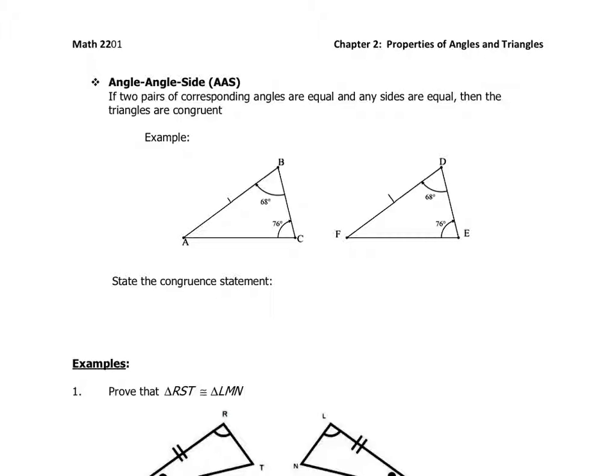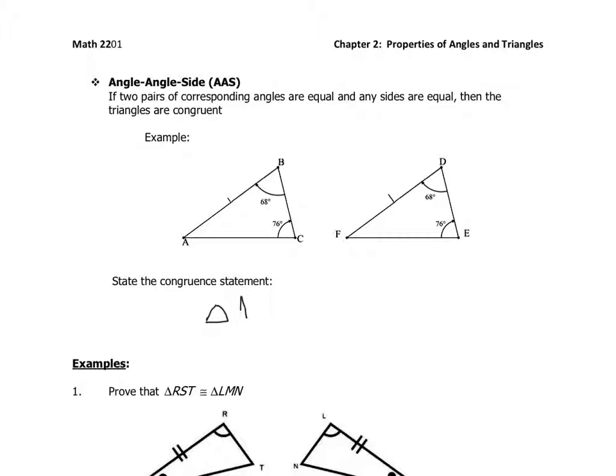And you have that side that occurs before angle B, A to B, and that matches up with the side F to D in the other triangle. So you have two angles and a side, but the side is not in between the two angles, so that would be AAS congruent.